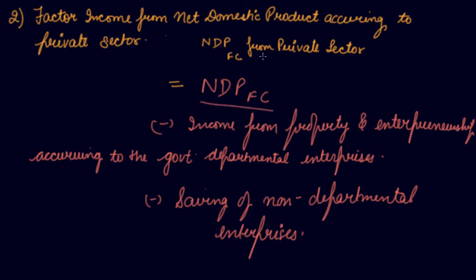So you get only the NDP at FC from private sector. Private income. Now what is private income? Private income is the income of the private sector obtained by any source, productive or otherwise. Productive means your factor incomes, or otherwise means your transfer payments, and the retained income of the corporations.